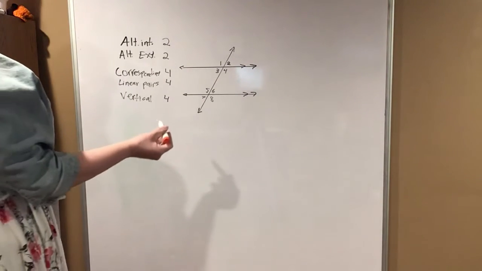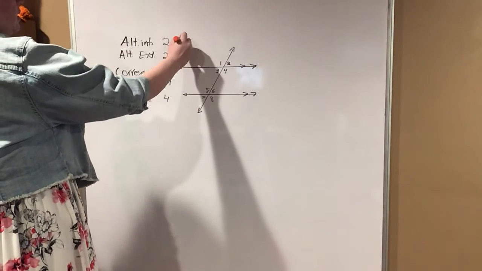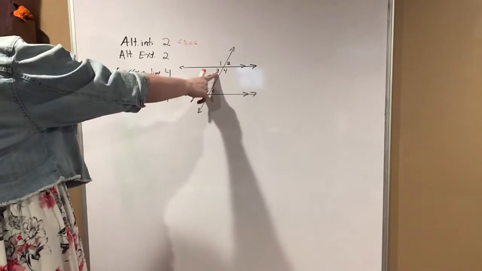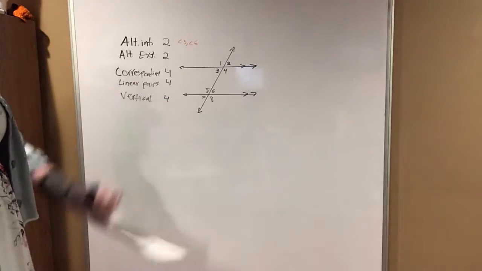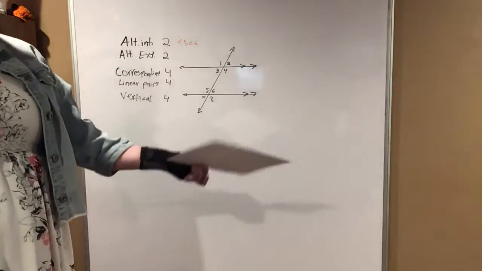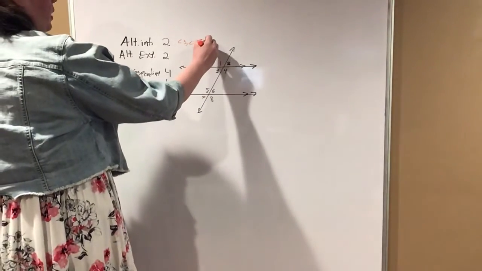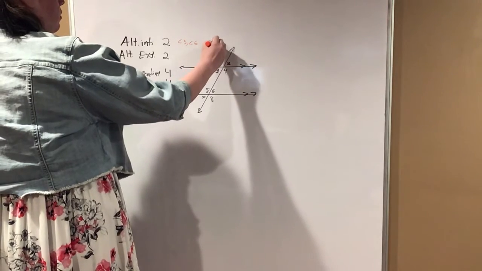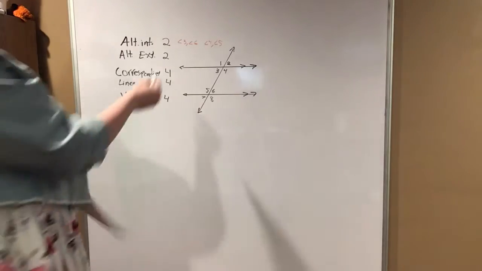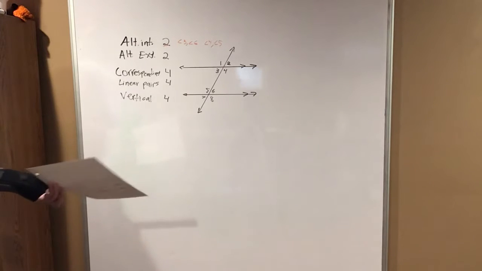So alternate interior for our first one would be 3 and 6. So angles 3 and 6 are alternate interior. If we know that, what would be our other alternate interior? Well, how about angles 4 and 5? So these are our 2 sets of angles that are alternate interior.